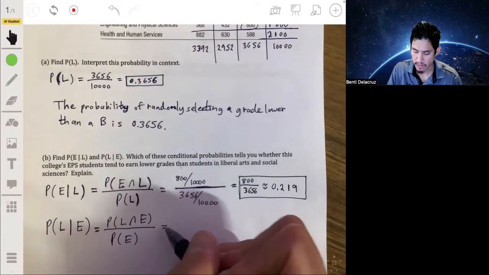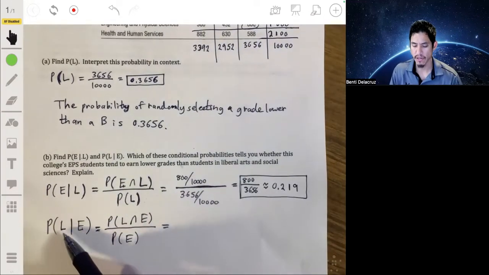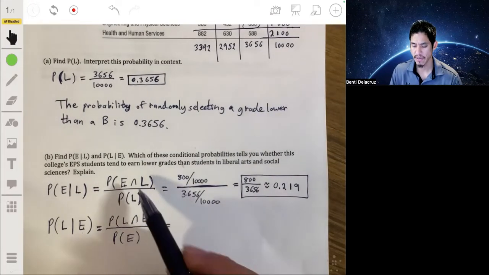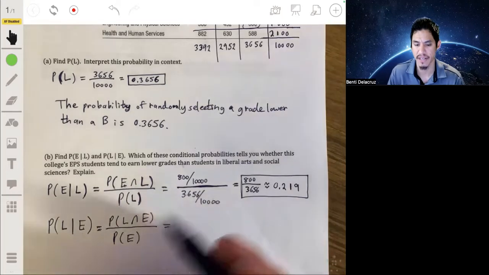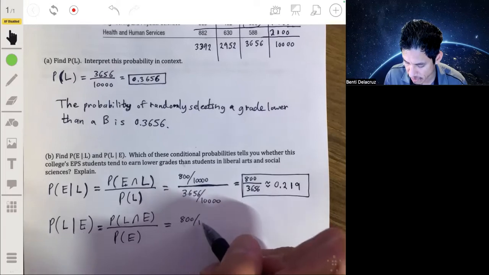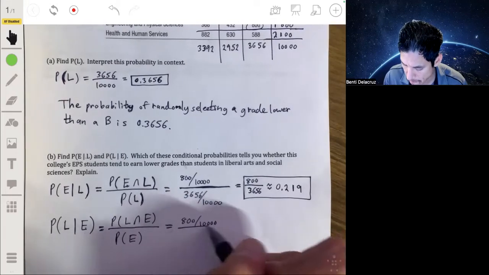Okay, here now, the probability of L given E. The top remains the same. Remember, L and E is the same as E and L, the same thing said backwards. So on top, we have 800 divided by 10,000.